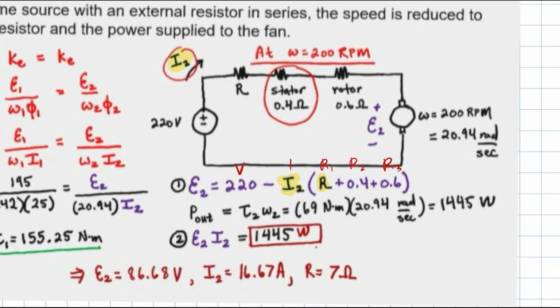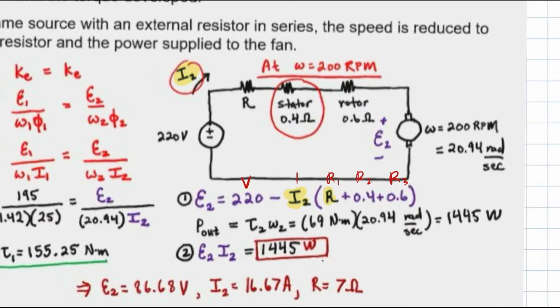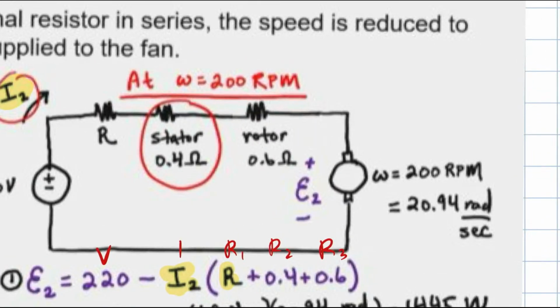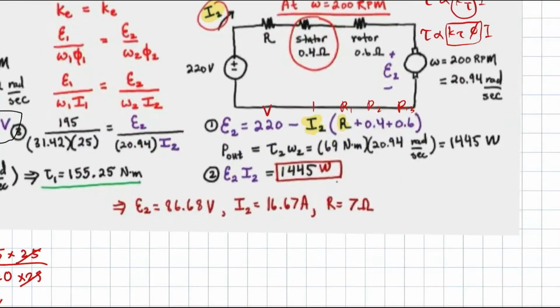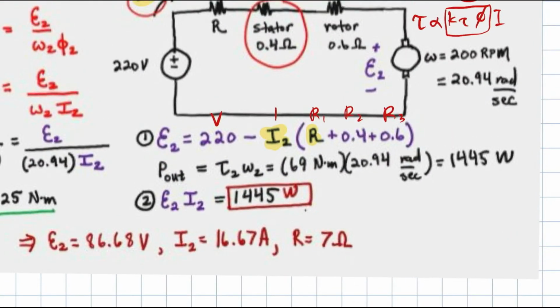We don't know I2 because... wait, let me put that, because torque is KT I. We want to find KT, but this is a series fan, so KT has to use phi. We don't know this, we want to find it but we don't know. So okay, let's go one by one.